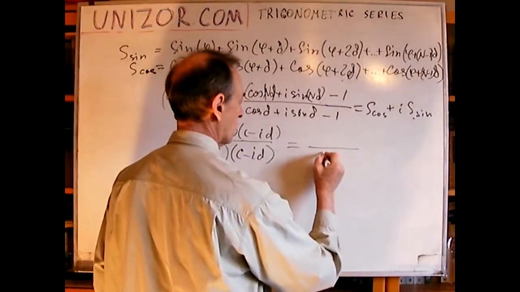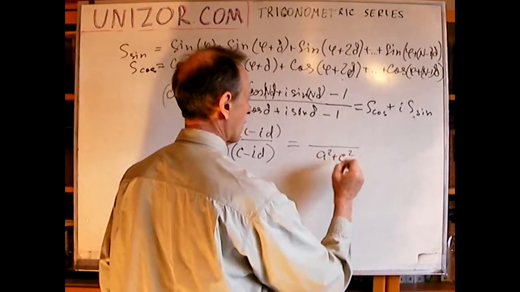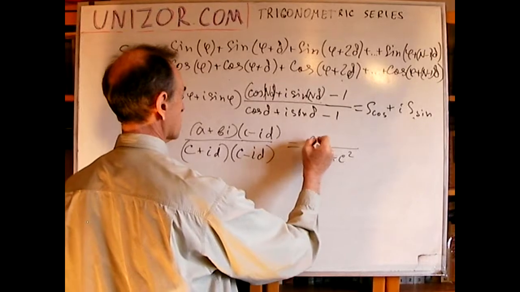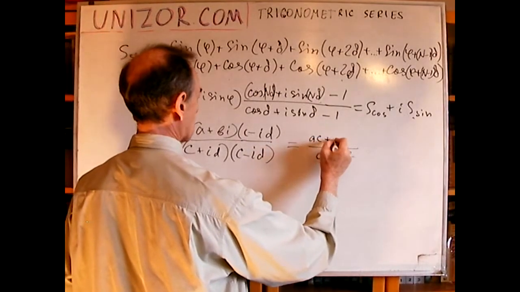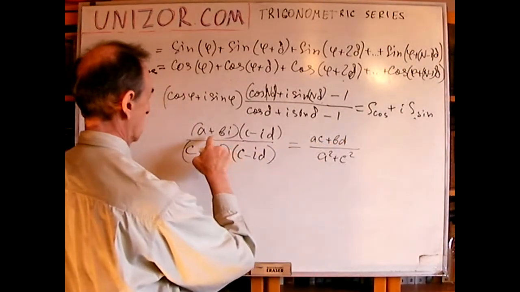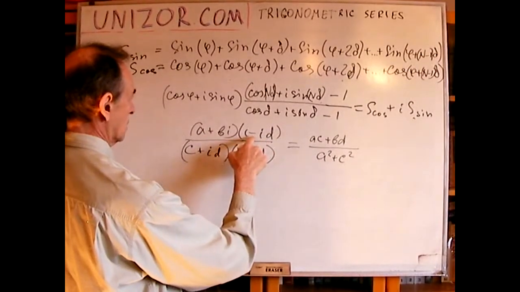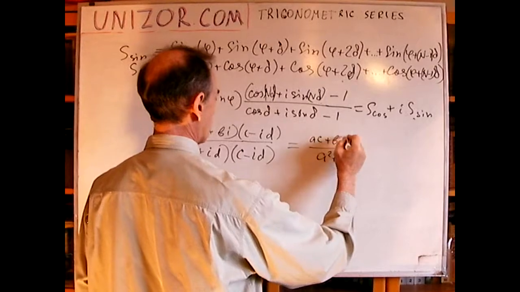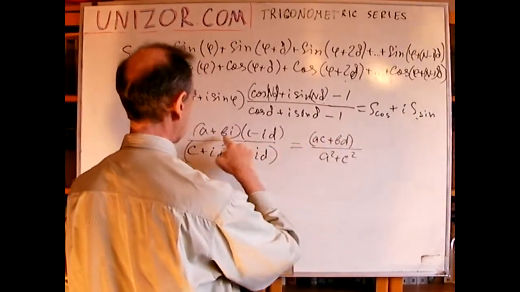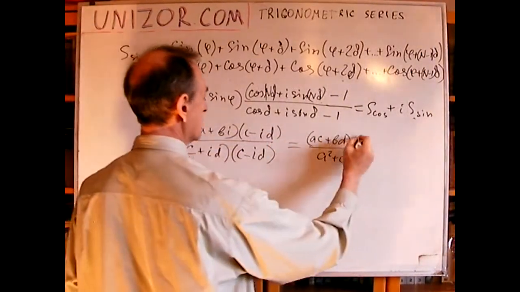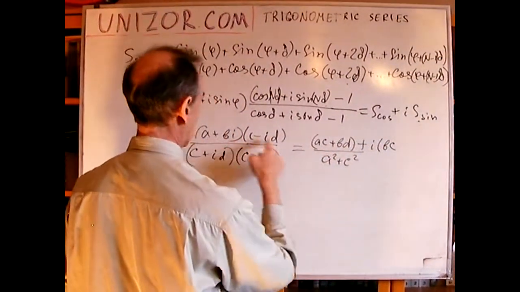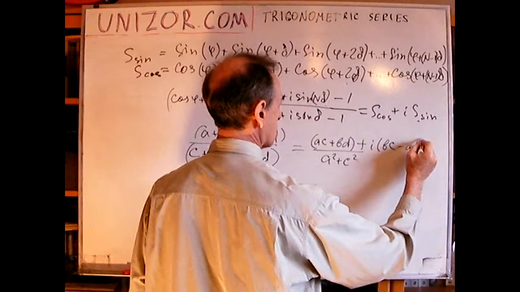So here I will have C squared plus D squared. Now, on the top, I will have the real multiplication, which is AC plus BD, since BD i squared with a minus, right? That's the real part, and the imaginary part would be BC minus AD, something like this.